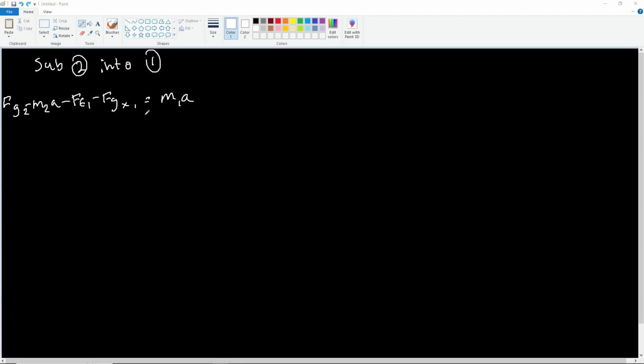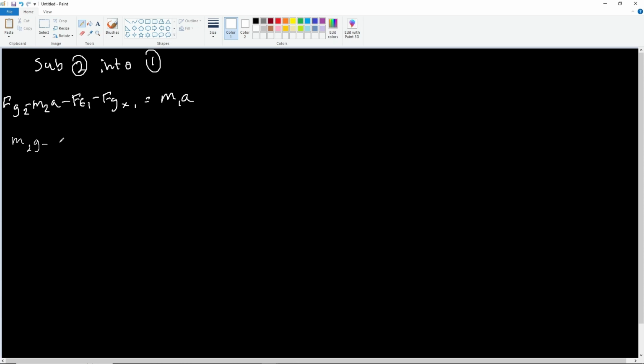And as we can recall, and we can go back to the reference in the diagram, we have Fg2, which would be M2G. M2A, well, actually, we'll bring that to the other side.